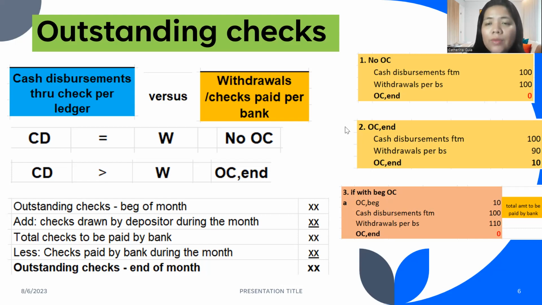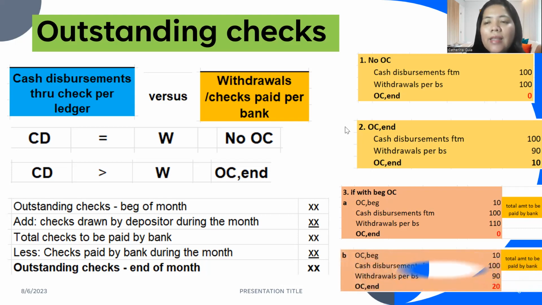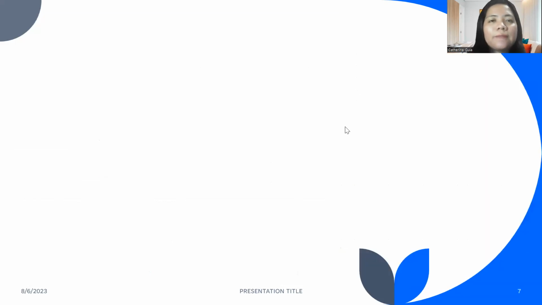And if that amount appeared in our bank statement, meaning 110 also, we will have no outstanding check. And then what if the withdrawals per bank statement indicated 90 pesos, let's say? So we will have an outstanding check ending, which is 20 pesos. So this is how we compute for the outstanding check.